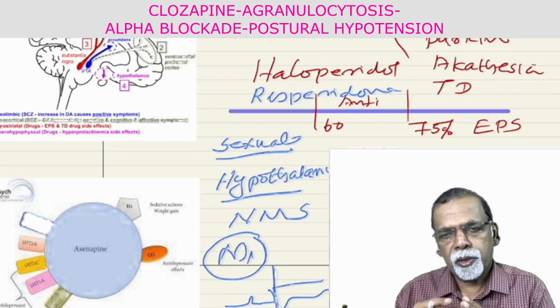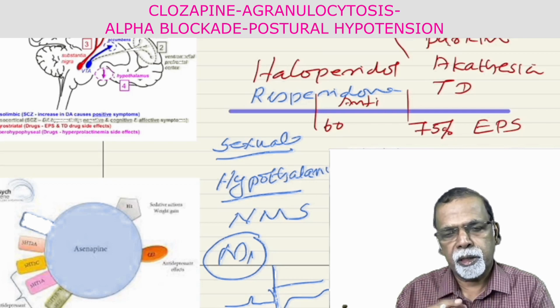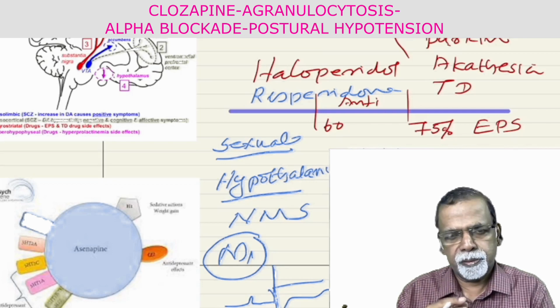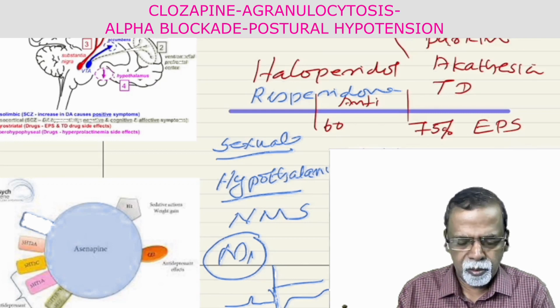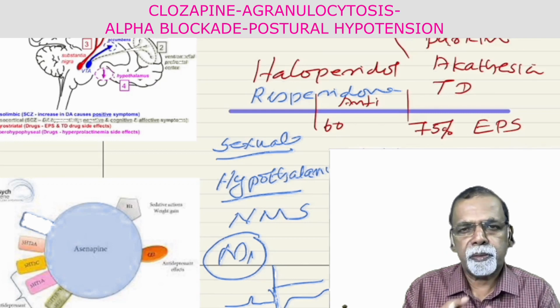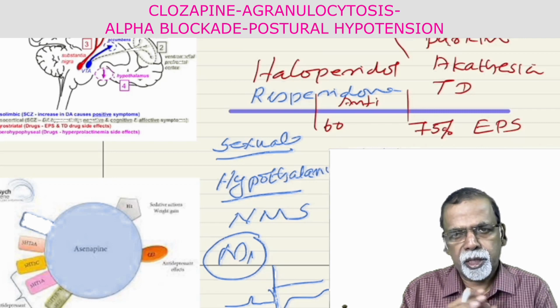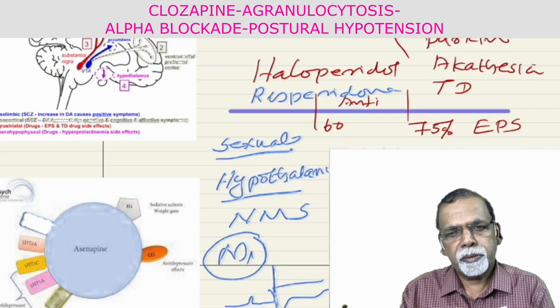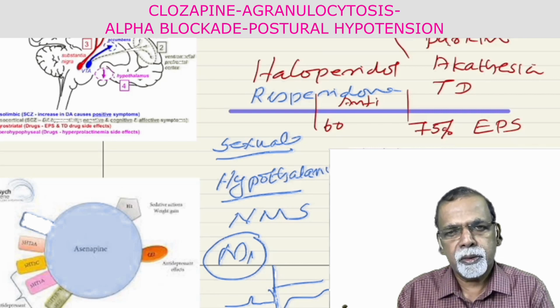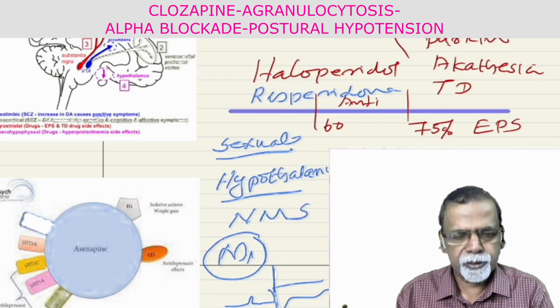A QT interval prolonged more than 500 milliseconds can precipitate ventricular arrhythmias, especially fatal torsades de pointes. The prolongation of the QT interval is due to the blockage of the rectifying potassium channels. Once the potassium channels are blocked, the repolarization is prolonged. That leads on to prolonged QT syndrome, and that can lead on to various arrhythmias.